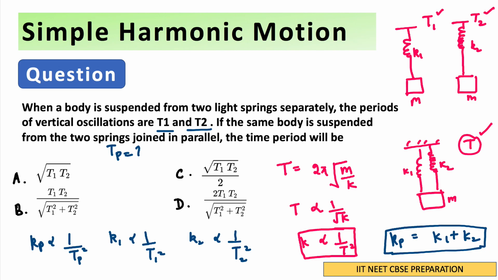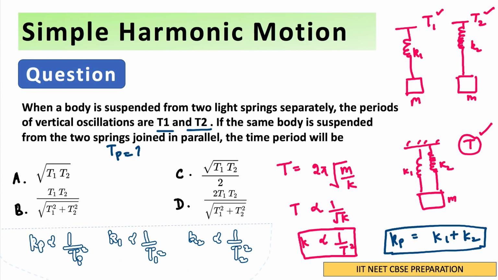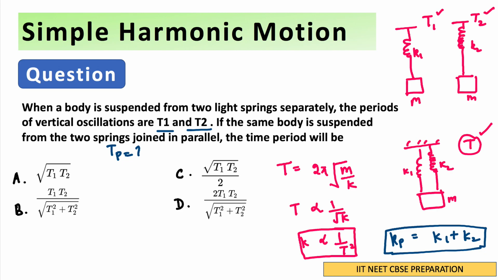Let me just take a new sheet and clean this up. So what we can write is this. We know that kp is equal to k1 plus k2. So we can write 1 upon Tp square equals 1 upon T1 square plus 1 upon T2 square.